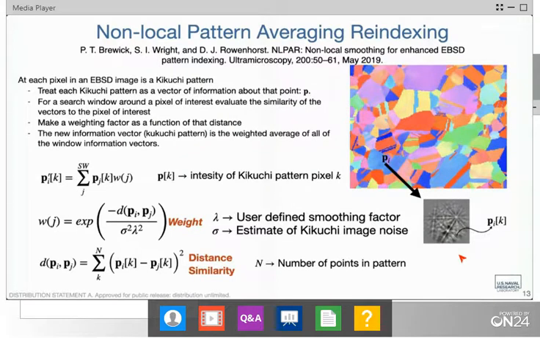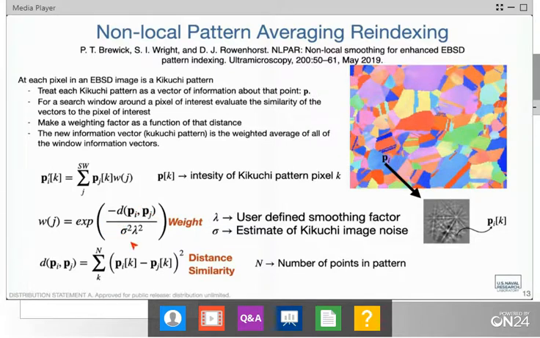We're concerned about how similar the data is within the two patterns. We take that similarity as simply the Euclidean distance, the L2 norm, of the patterns, treating each pattern as just a vector of data. And the weighting factor is an exponential decay of that distance.